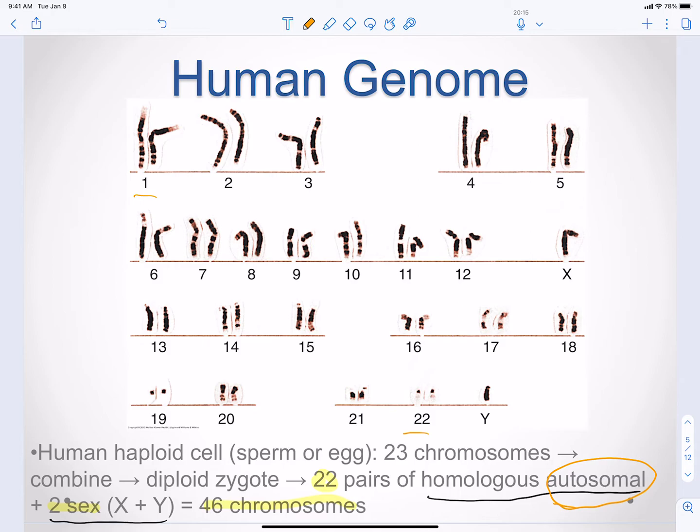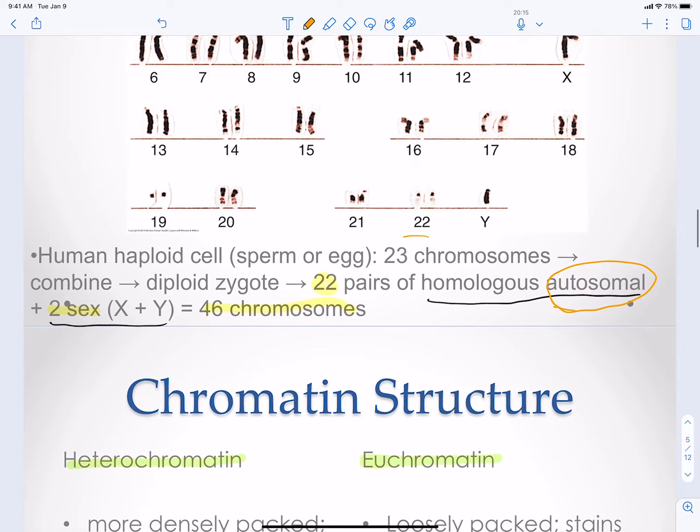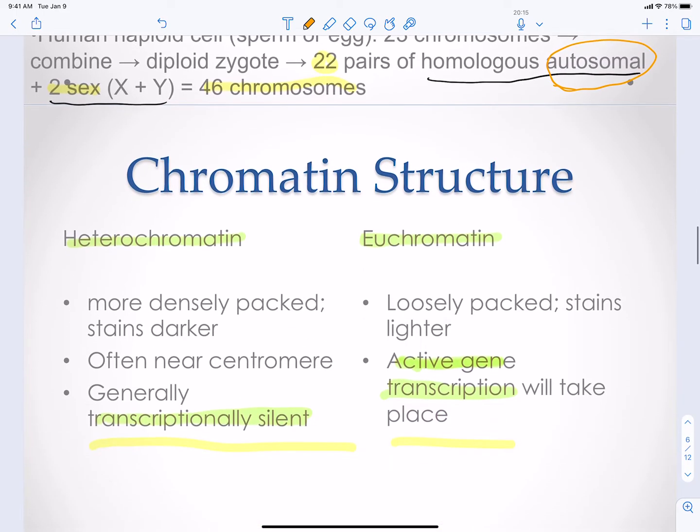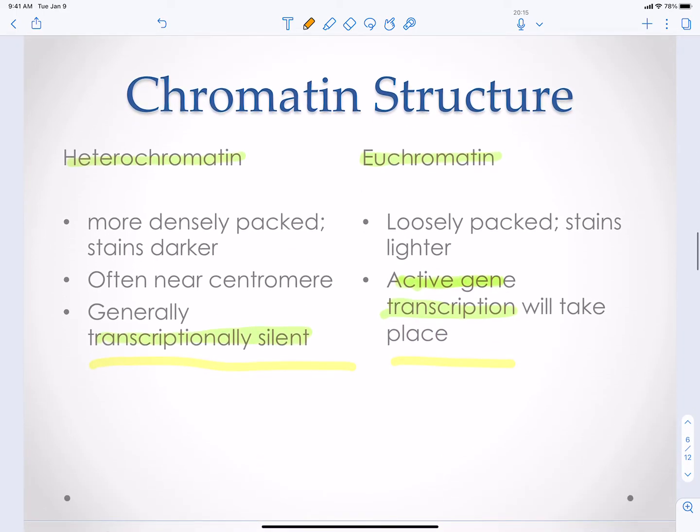So genetic males are XY. And so all of these chromosomes contain our genetic information, and they're all going to be compacted into our nucleus using those solenoid structures. Now, within these structures, there are 2 different regions.